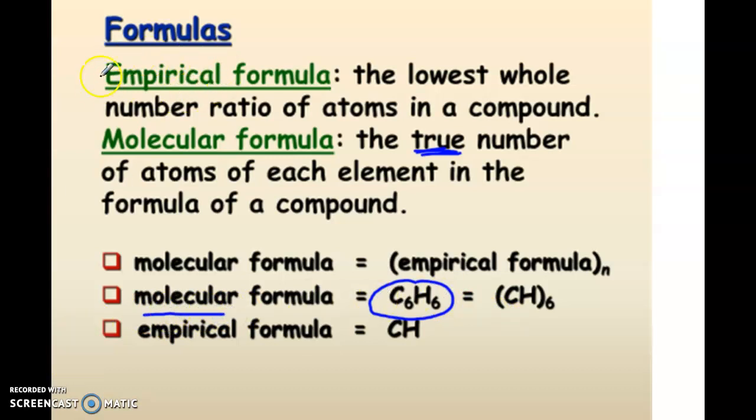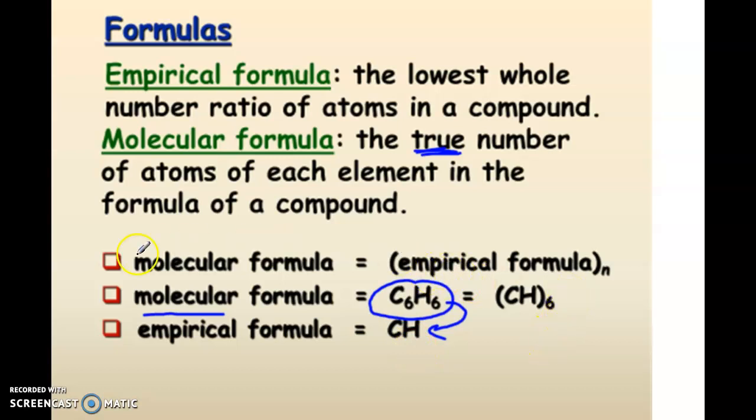An empirical formula is if we were to take that and reduce it down into the lowest ratio possible. So 6 and 6 would essentially become 1 and 1. The empirical formula is basically the original real formula, but reduced down, okay?